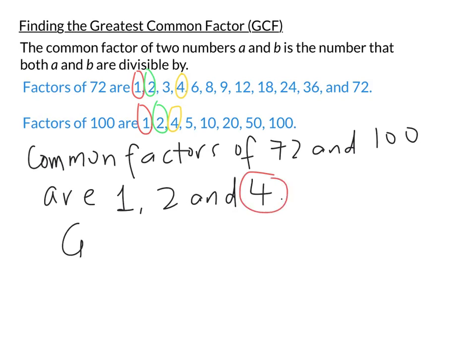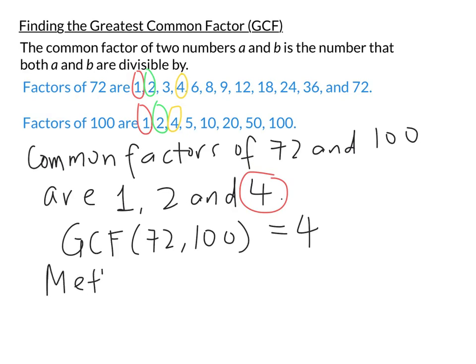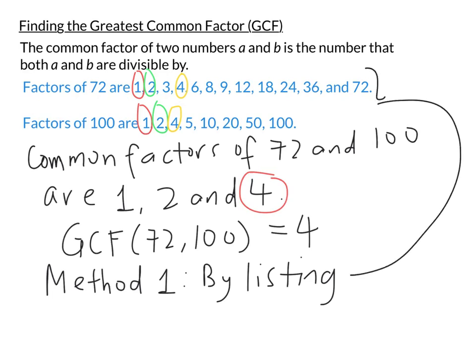Therefore, the GCF of 72 and 100 is 4. What we learned here is the first method, and this method is by listing, as we have listed all the factors of the numbers.